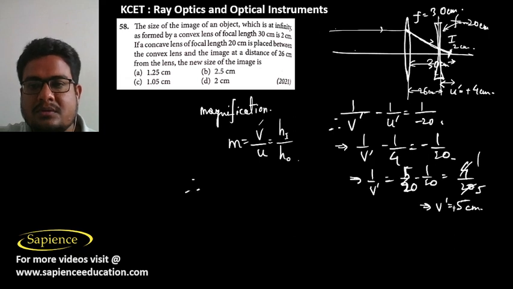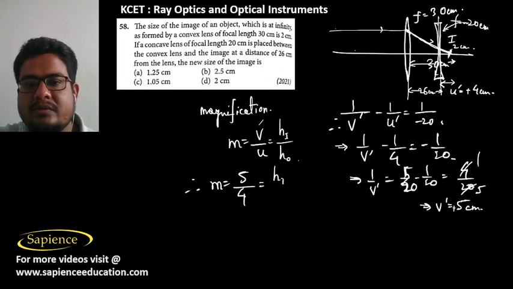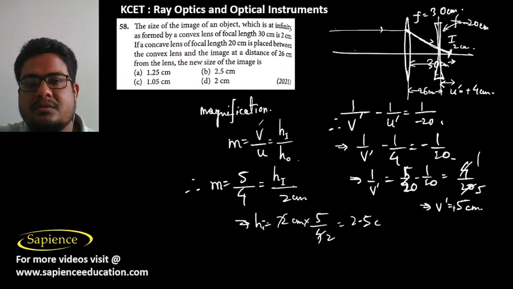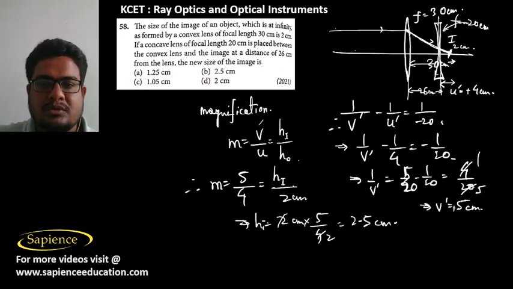Therefore the magnification will be v, that is plus 5 by 4, equal to height of the image, which we have to find, by height of object, that is 2 centimeter. So height of the image will be 2 centimeter into 5 by 4, that is 2.5 centimeter. So option B is the correct answer.